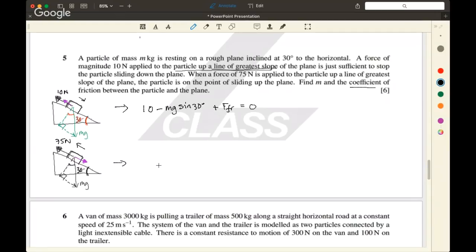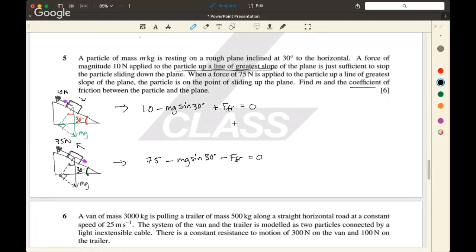And in this scenario, we have 75 minus mg sine of 30 minus force of friction is equal to 0.